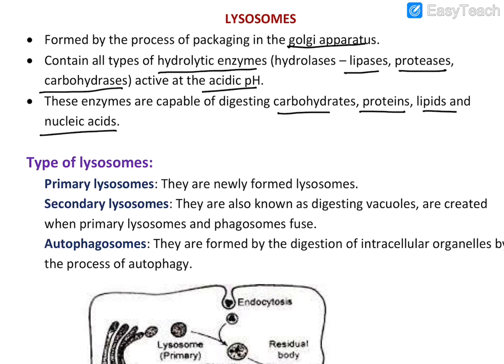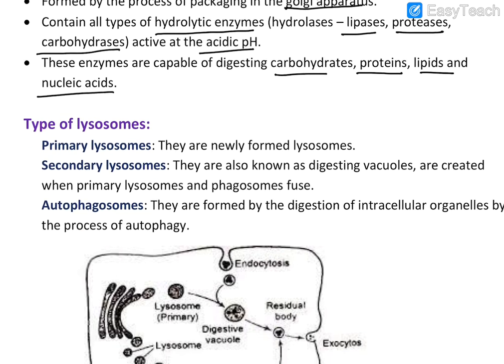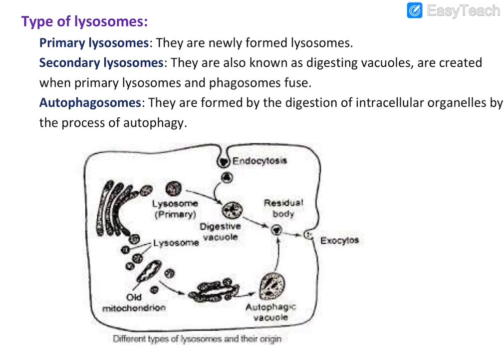Now the types of lysosome. We can classify the lysosome into four types, but here I have given three: primary lysosome, secondary lysosome, and autophagosome. In the primary lysosome, as you can see on the screen, the lysosomes are produced from the Golgi apparatus. The newly formed lysosome is called the primary lysosome.